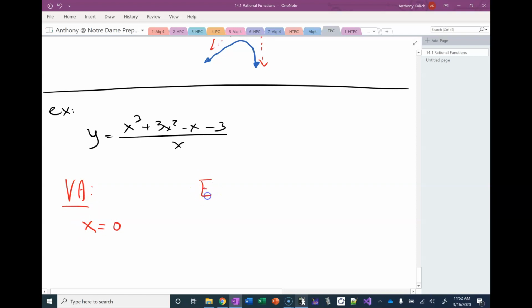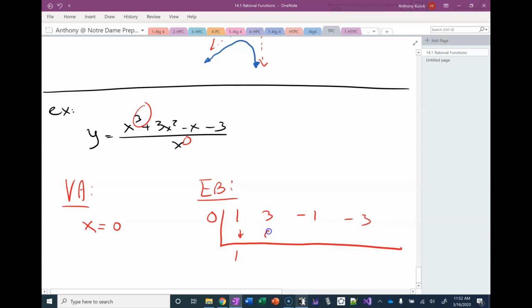No, that wasn't hard. The end behavior, I notice the degree of the numerator is greater than the degree of the denominator, so I'm going to have to do division. And I can do this with synthetic division. And since when I take the denominator and set it equal to 0, I just get 0, this is going to be a really easy synthetic division to do.